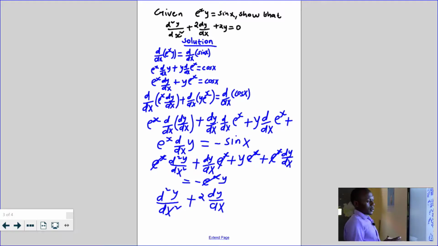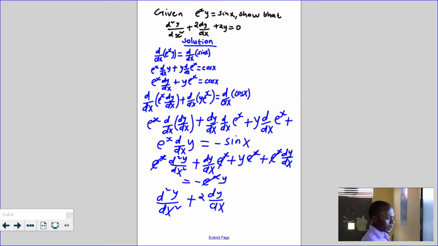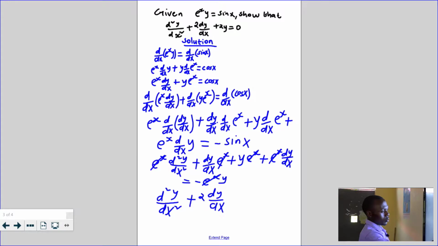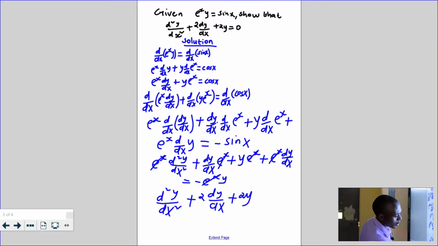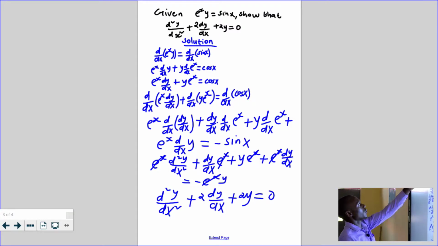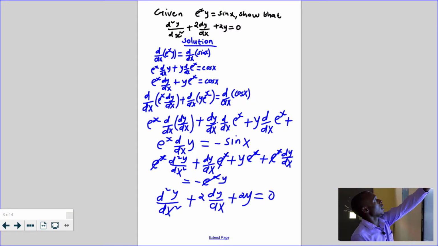And then lastly, there is this y, and after the equal sign we have negative y, so bringing the negative y inside, we obtain y plus the y we already have, so plus 2y, and what remains after the equal sign is simply 0. So up to this point we have finished, because we have shown that differentiating this one, that is higher order derivatives, two times, we obtain this, and therefore the question is done.